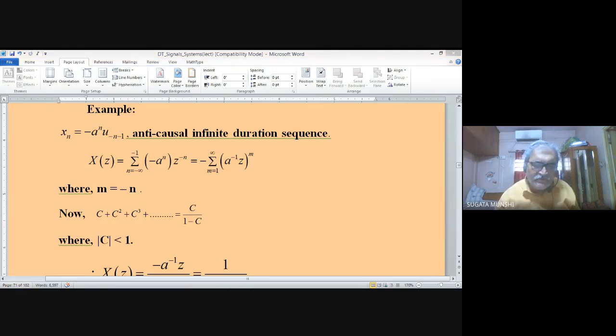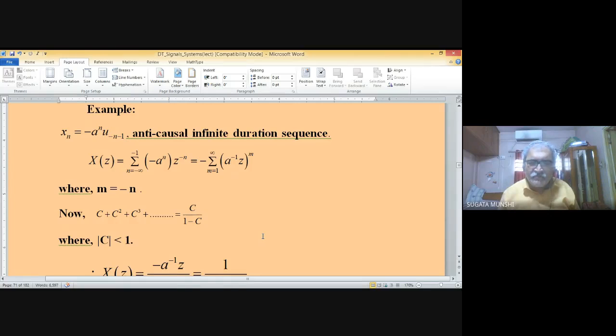Again, we'll consider that. As you have observed, for infinite duration causal sequences, the ROC will be the exterior of a circle. For infinite duration anti-causal sequences, it will be the interior of a circle. What do you think?